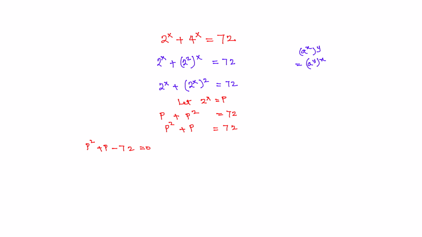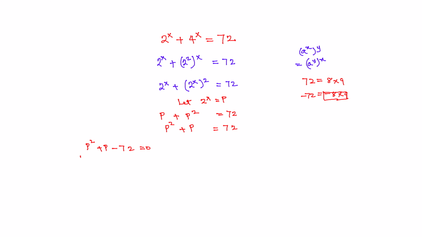The factors of 72 with a difference of 1 in between them are 8 and 9. So to get the coefficient of p, which is positive 1, I'm going to need minus 8 times 9. So I'm going to replace this positive p with minus 8p plus 9p.